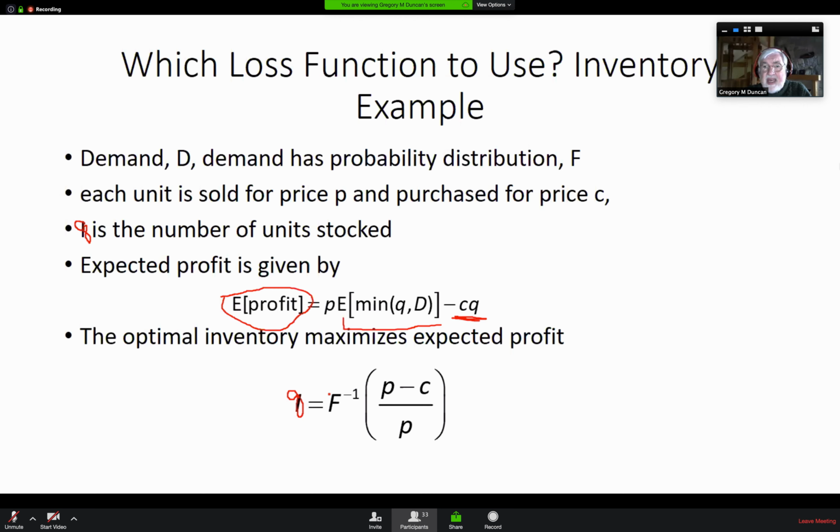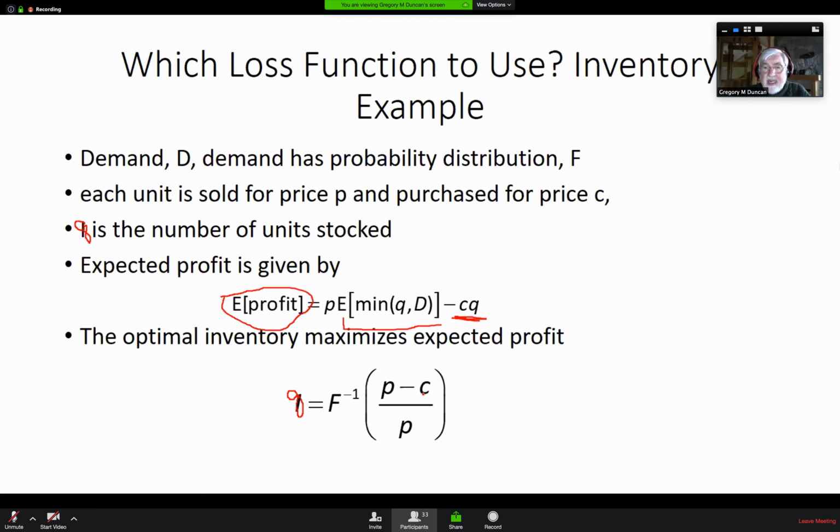You have the inverse function of the cumulative distribution function. We'll take a look at that. And the optimal inventory is given by that. So if you know F, you know P, you know C, then you will know how much you should stock in your warehouse.